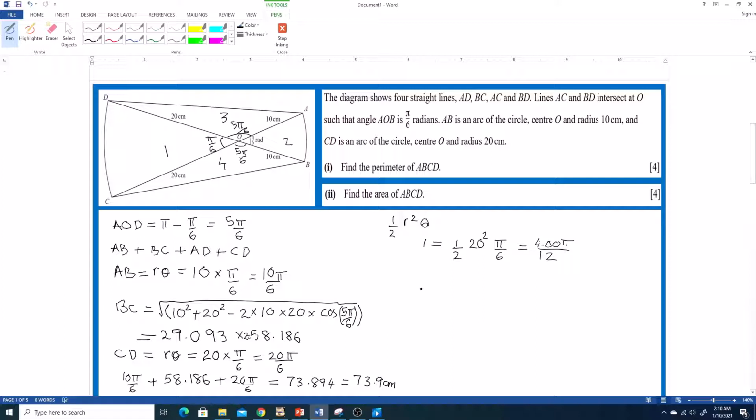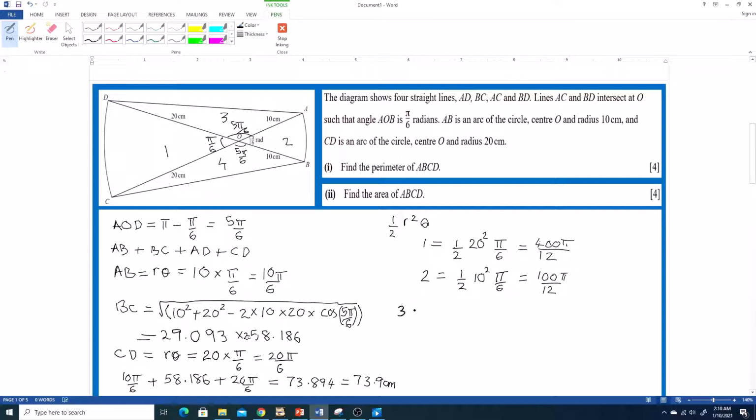Now, area for 2 is also a sector, and it's going to be a half. The r is 10 this time, 10 squared, and the angle is pi over 6, and this gives me 100 pi over 12. And 3 and 4 I said are the same, so what I'm going to do is do 1 and then multiply it by 2.